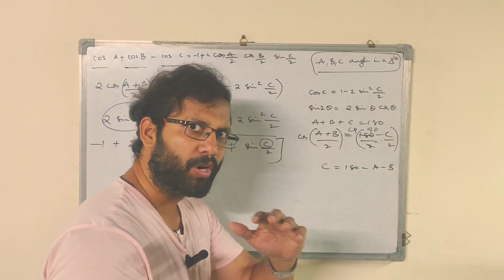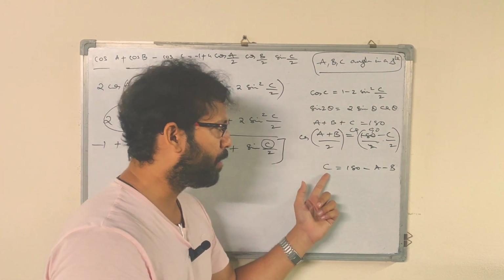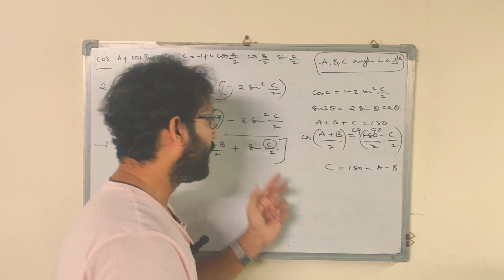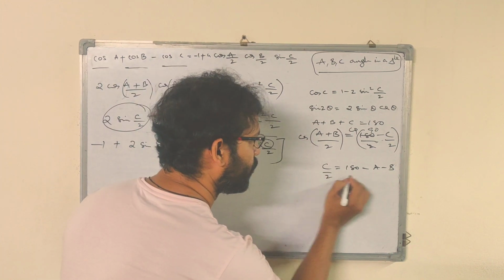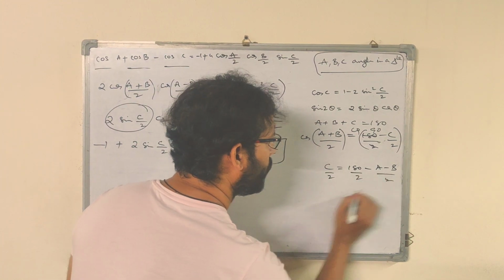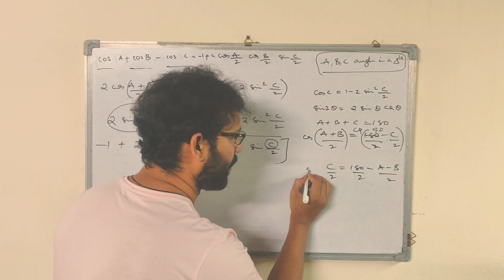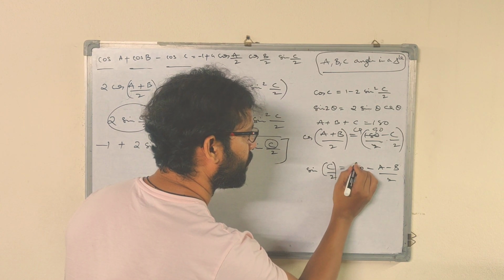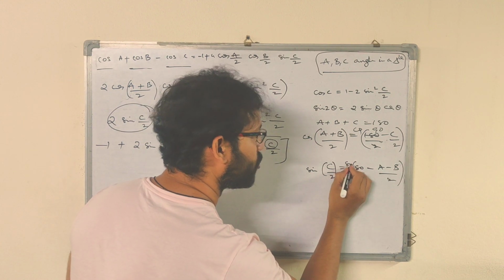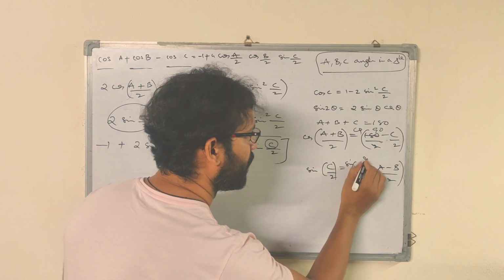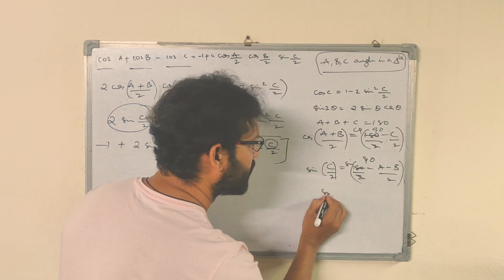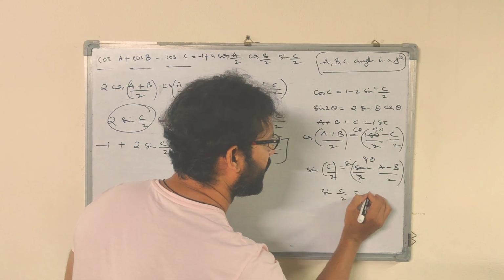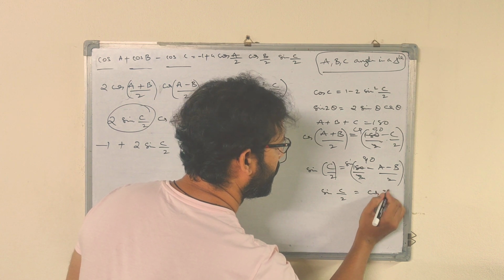Since I have to know the value of C, I will be writing C only. Now, by 2 is there, by 2, by 2, by 2. Sin is also there. Here also we should write sin (90 minus theta). Sin (90 minus theta) is equal to cos theta.